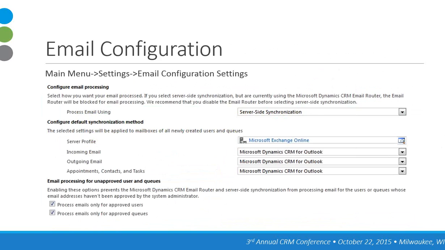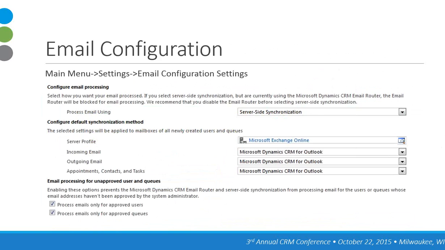Another option would be the CRM email router. Now this is a lightweight Windows service that runs on a server or desktop somewhere. What it can do is it can always be on. It can reach out to CRM at any time. It can handle heavier loads of email, and then it'll grab the email from CRM and push it to your email server.